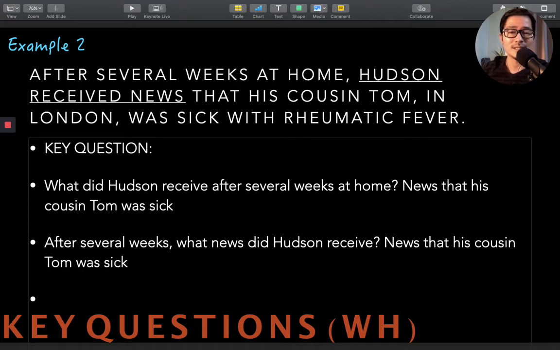Okay, another question. Let's try one more time. What other question can we ask that can be answered in the sentence? I forgot to mention that. Make sure that when you ask a WH question, it should be answerable in the sentence. Don't ask a question that you cannot answer in the sentence, okay?